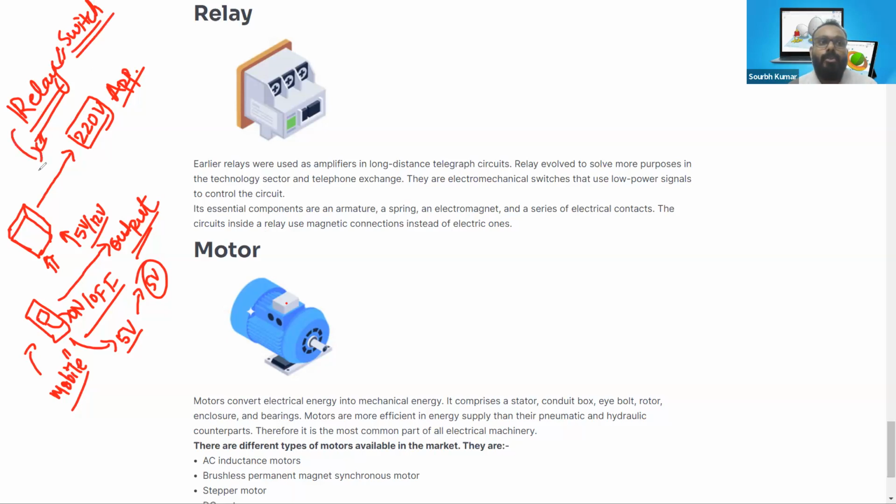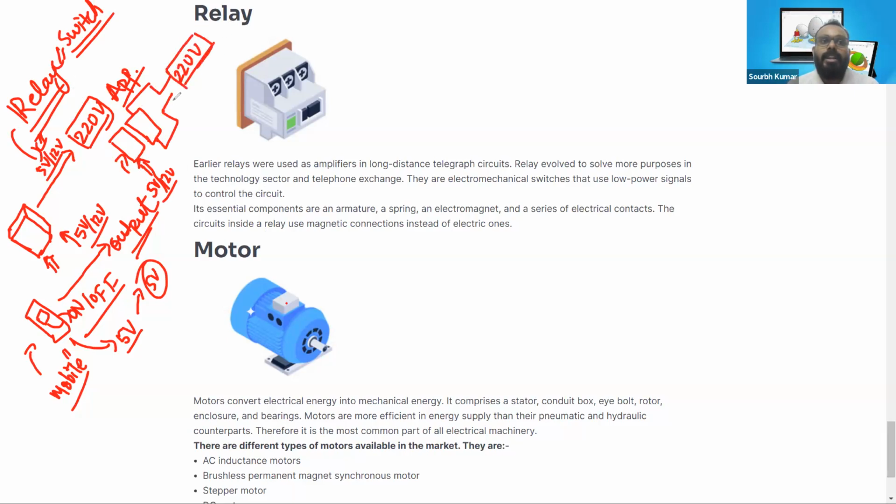Relay is actually a switch which operates on a voltage of 5 volt or 12 volt, because in a relay we can say there are two switches in parallel, in which first we apply the 5 volt or 12 volt to activate and deactivate the first part, then it helps the second part to channelize the 220 volt output.